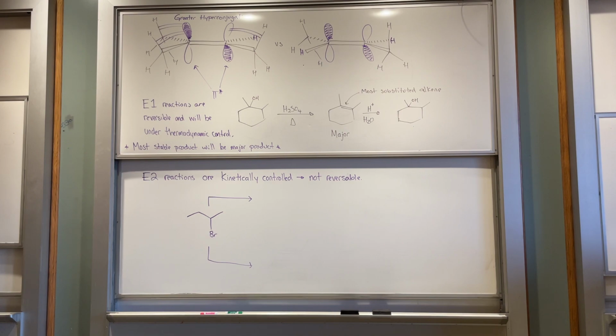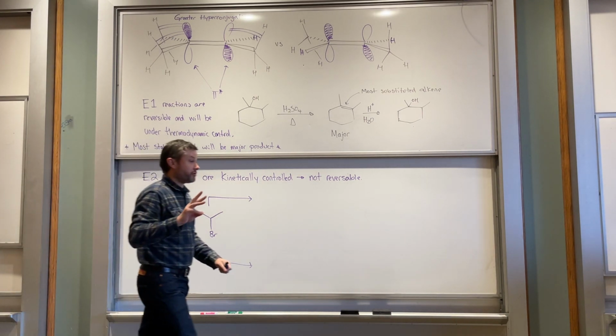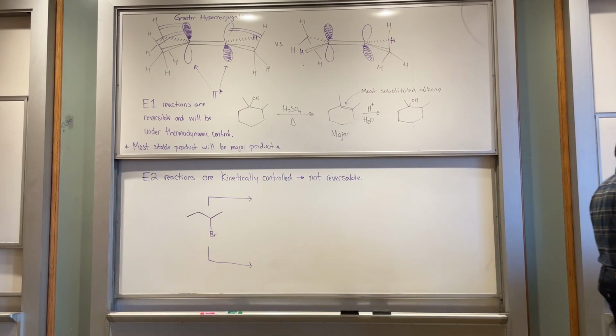See if you can figure out the two products that would form through E2 elimination. Don't worry about the reagents, right? Just consider that you're doing an E2 elimination, and there will be a base present in order to effect that. Actually, three products will form here.